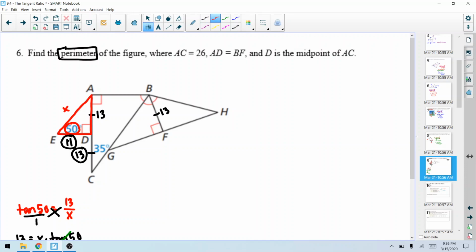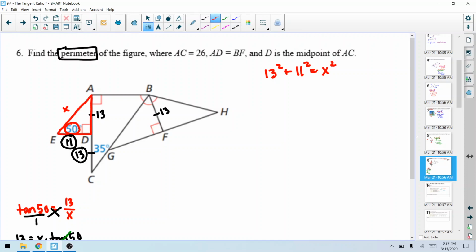and I'm going to look at that distance. If I'm still focused on that little red triangle, I know 13, I know 11, I know it's a right triangle. I can just use the Pythagorean theorem. So 13 squared plus 11 squared equals x squared.